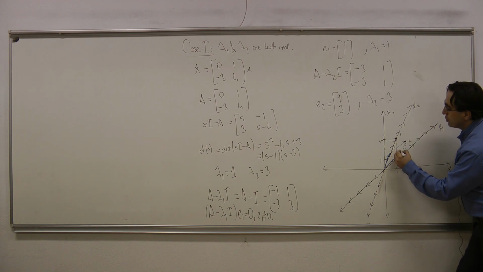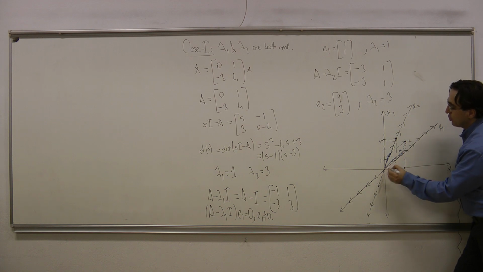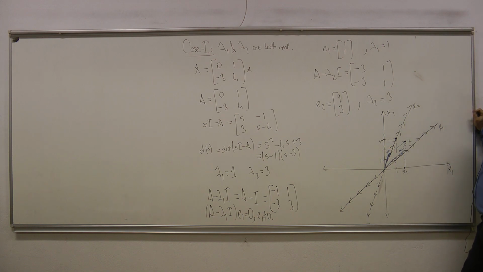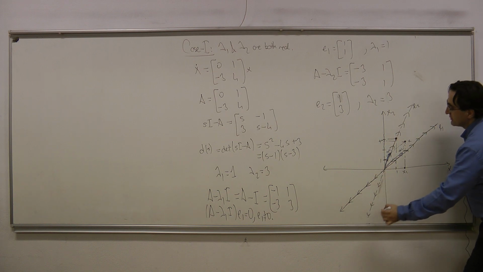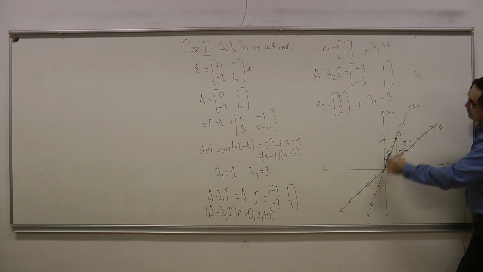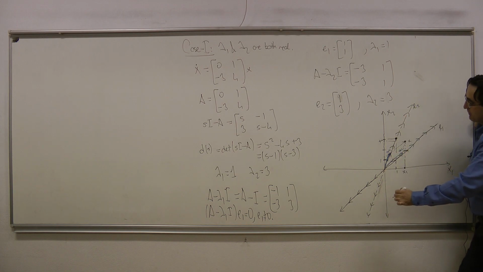Okay? I will call the length of this component Z1, and I will call the length of this component Z2. Okay? So these are going to be my new coordinate axes. This is going to be my Z1 axis, and this is going to be my Z2 axis. Okay?